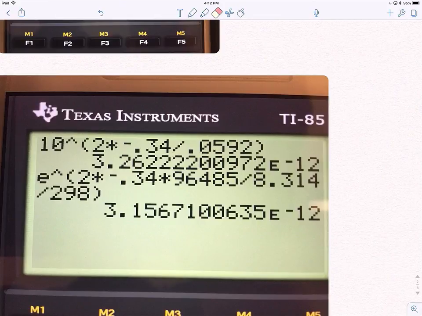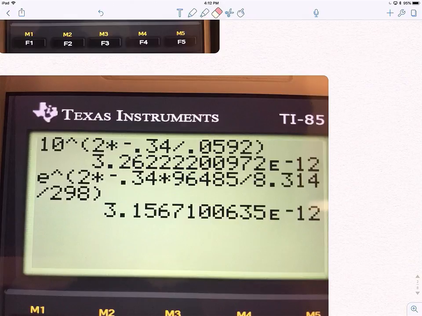Using e to that, you get 3.1567 times 10 to the minus 12. So you're like, well, what's the difference between these two? Even in 2 sig figs, this would be 3.3 and this would be 3.2. There's a little bit of error when you use the log base 10.